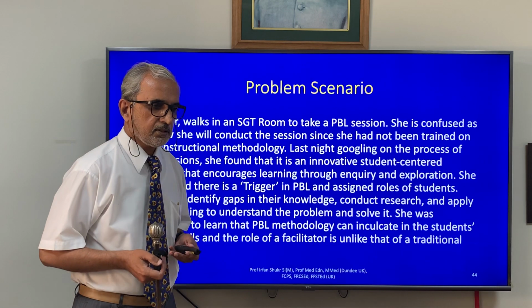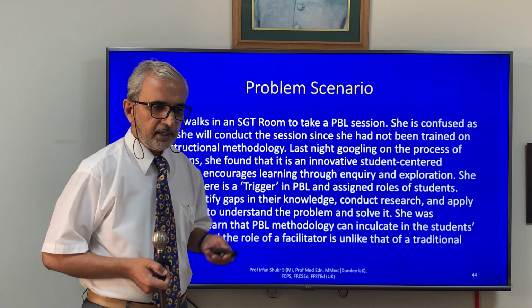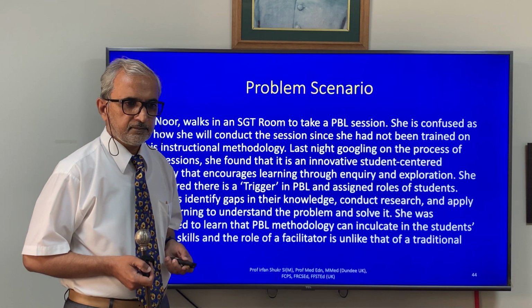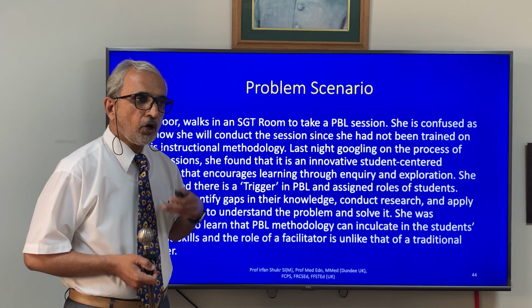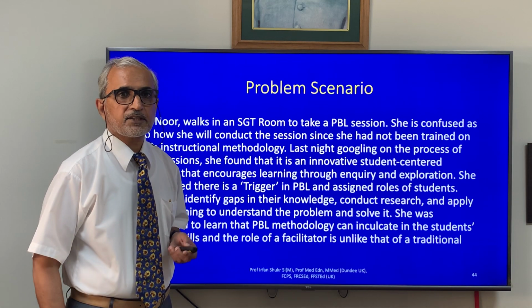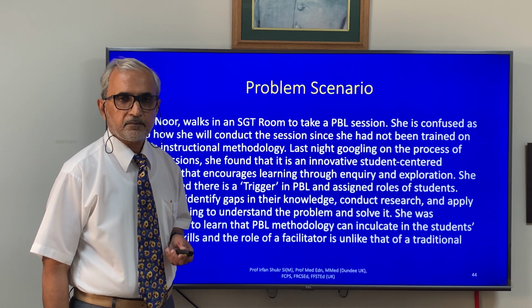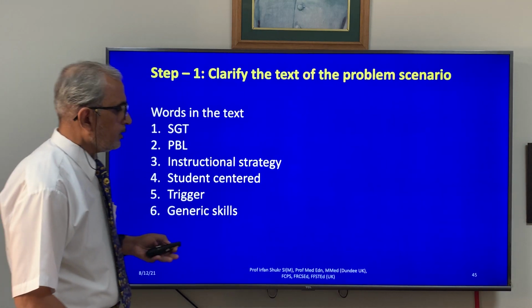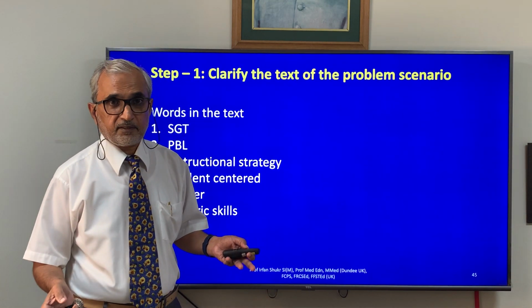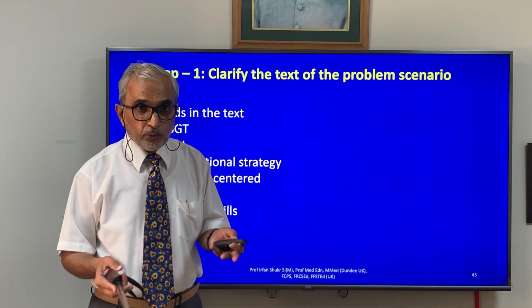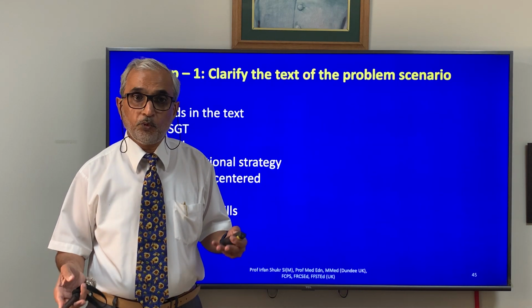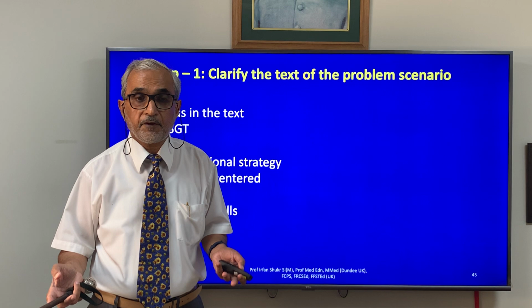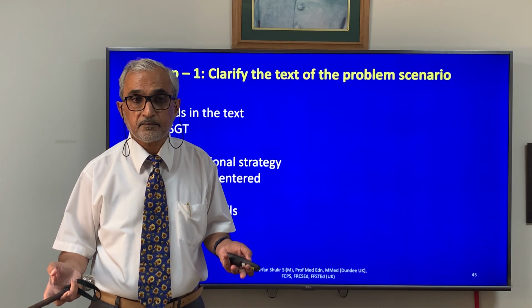If I am the teacher, I have given them the scenario, and I am keeping quiet. The students have already been taught what the steps of PBL are. So, once the students read this, they are trying to understand what is written, and a few words have popped up which they want clarified.